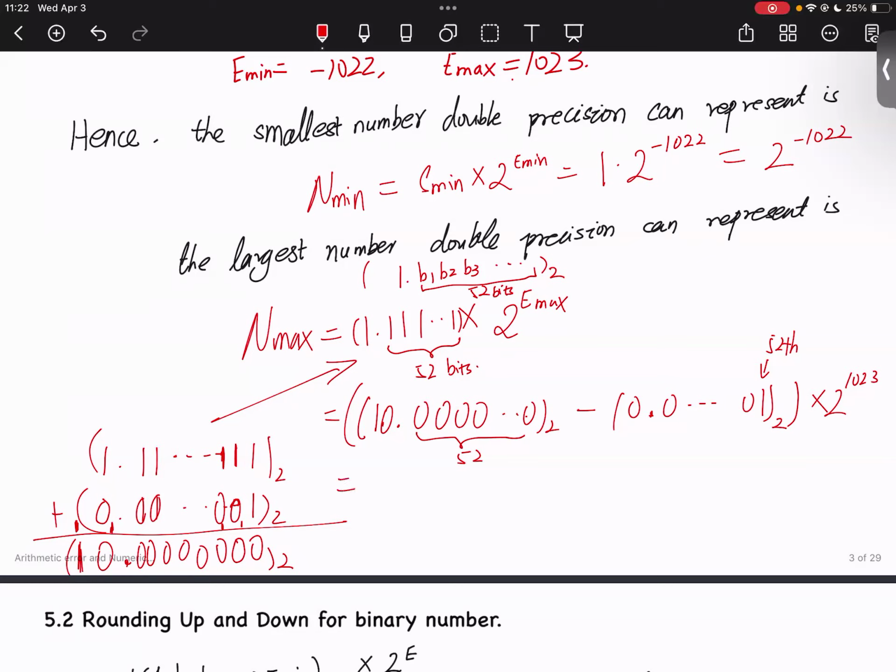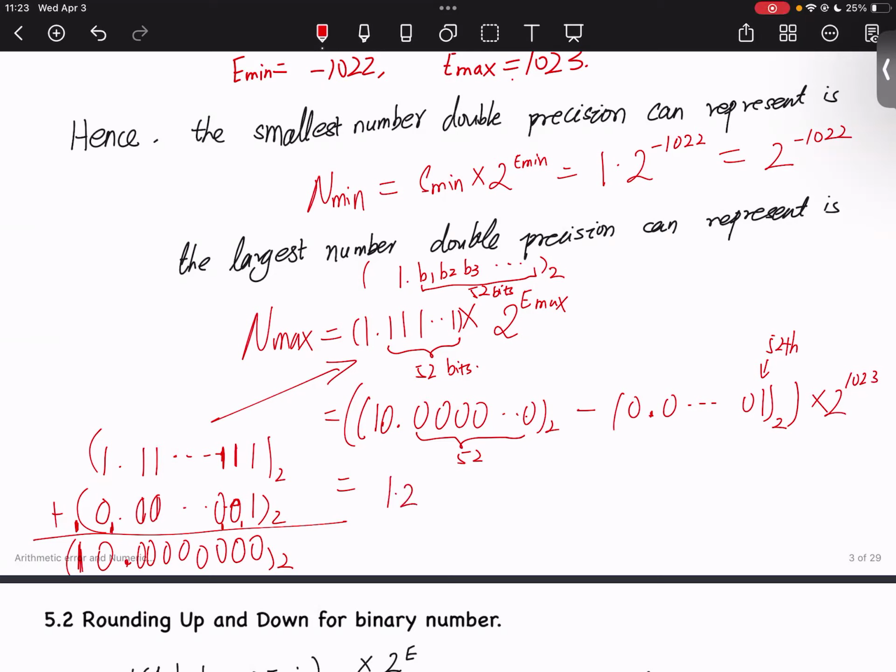So let's go back and take a look at the minimum number it can represent in the computer. If you take a look here, what do we have? We need to calculate this number. This time we have all zeros after the decimal point, so this part is just 0, and this one is the 1, and then times 2.